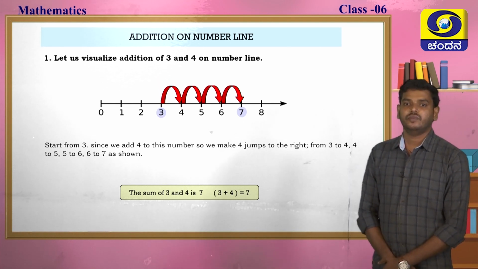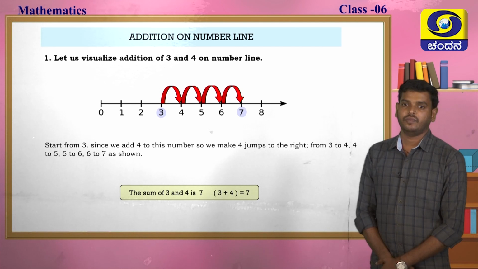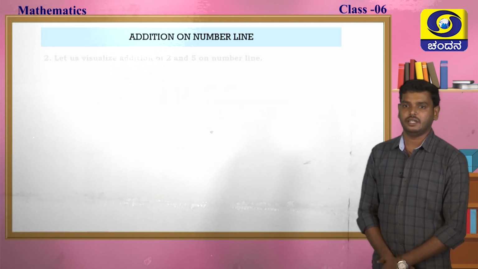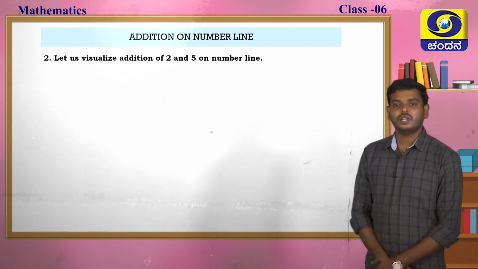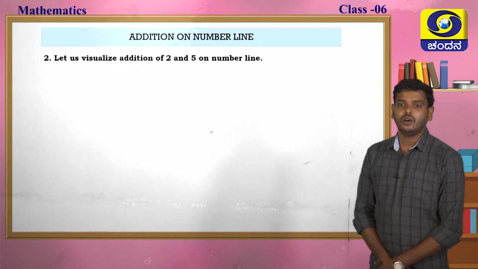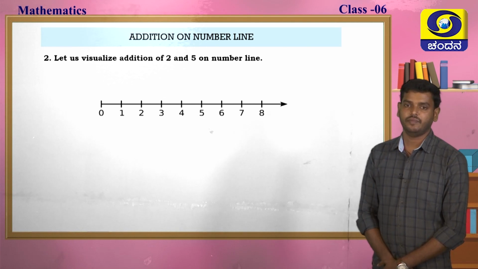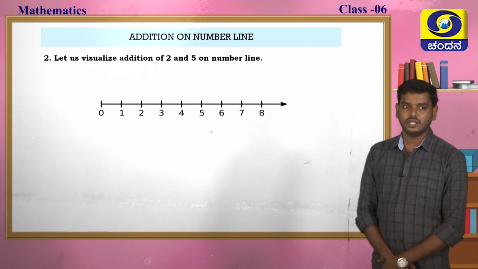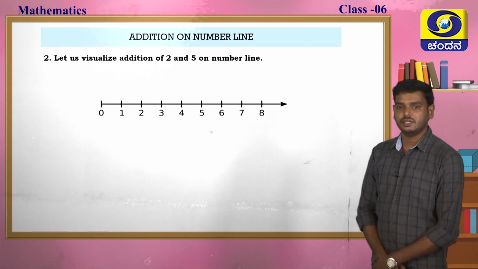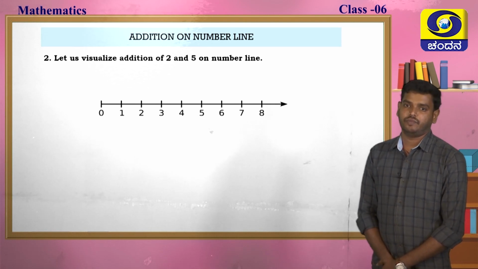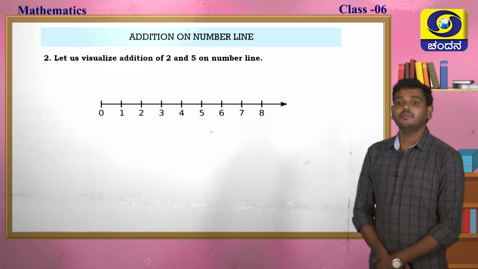Let us have another example of addition on the number line. Let us visualize the addition of 2 and 5 on the number line, children. First, we have to draw the number line and start the numbers from 0, 1, 2, 3 etc. Got it? Now, we have to start from 2.